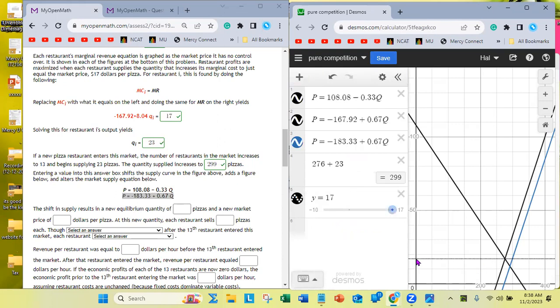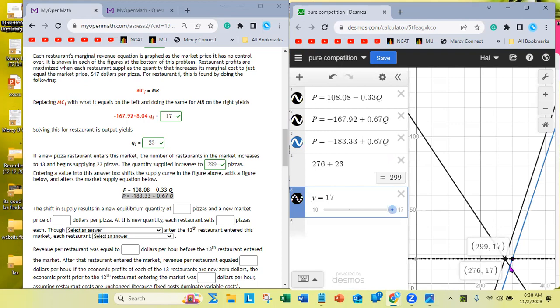Okay, so if I hold the price constant at 17 here, notice my quantity is 276 at the old equilibrium. At the moment that firm enters the market, quantity supplied goes up to what? 299. But where's the market price?